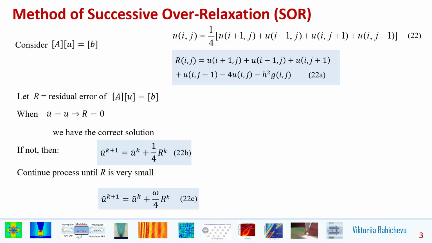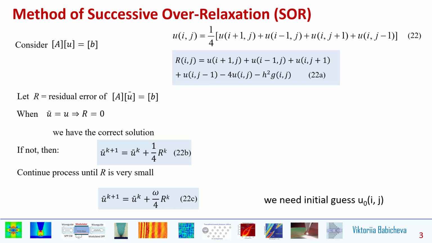So the parameter omega is called the relaxation factor, while the technique is known as the method of successive over-relaxation. So the added weight of omega is intended to improve the estimate by pushing it closer to the exact value. And the over-relaxation brings an improvement as the correction going from iteration level k to k plus 1 is multiplied by this relaxation parameter omega.